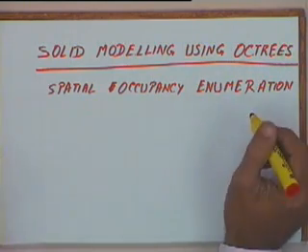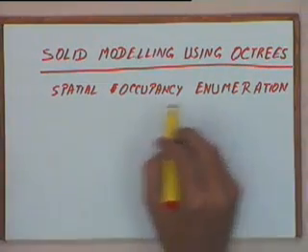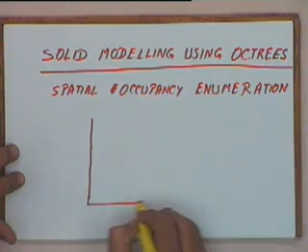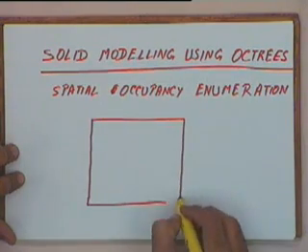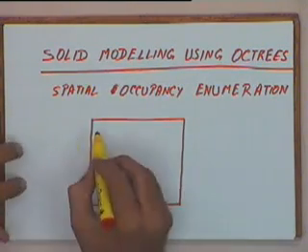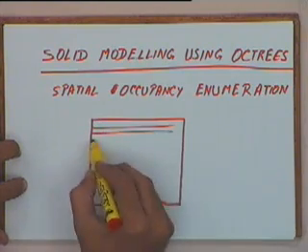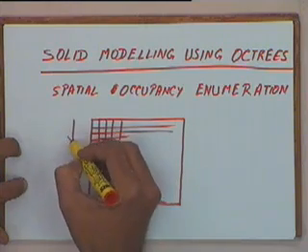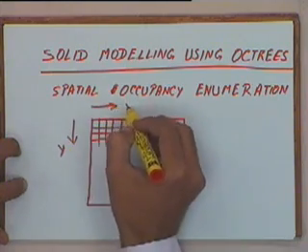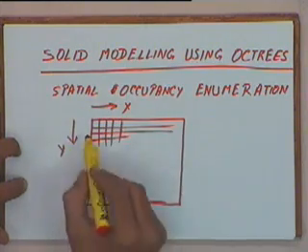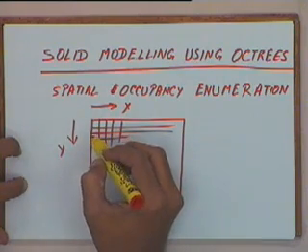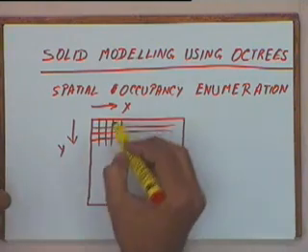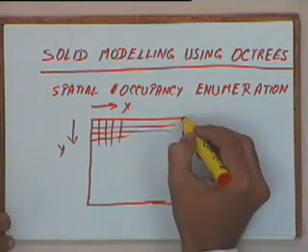We said that one of the simplest ways of enumerating space, let us say a two-dimensional space, using a set of squares, is by dividing the space into an array of cells and then having an x by y array of zeros and ones which tells us whether a particular cell is occupied or not.